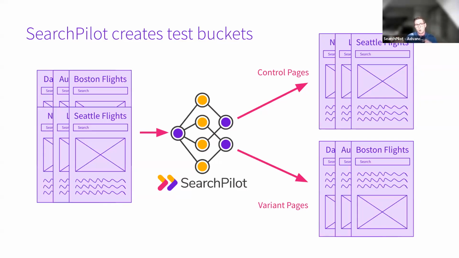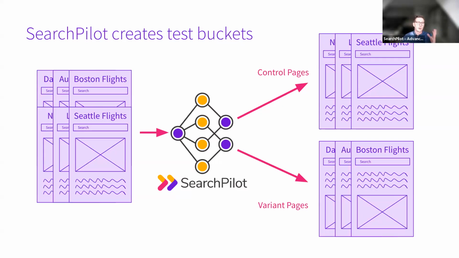The second thing is, we want them to be statistically similar. And what I mean by that is, we don't want there to be a bias in the bucket before the test even begins. So for instance, imagine, let's just use travel.